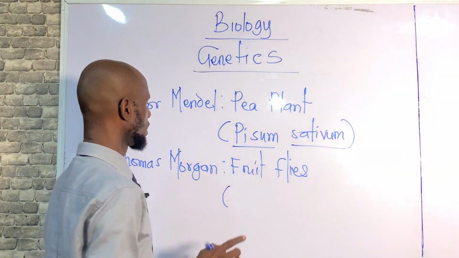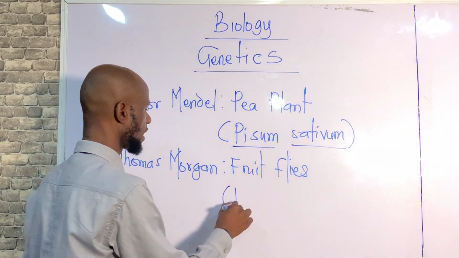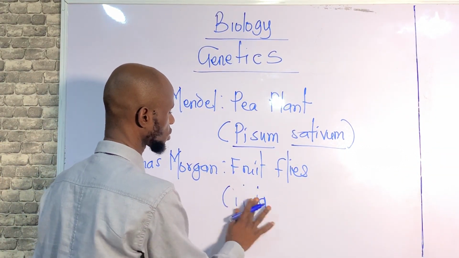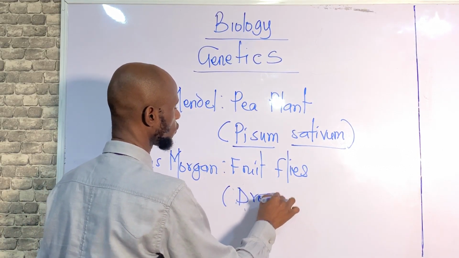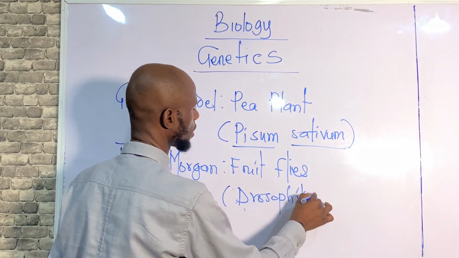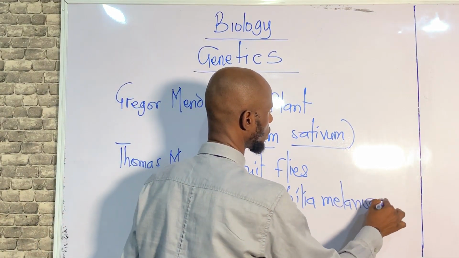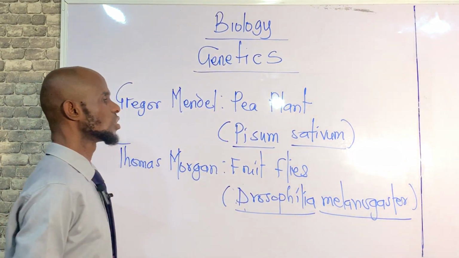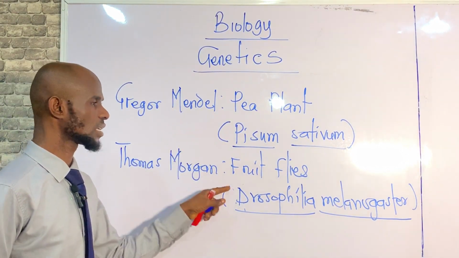And we said that the scientific name for fruit flies is Drosophila melanogaster. Okay, so now let's look at the features of both the pea plant and the fruit flies.